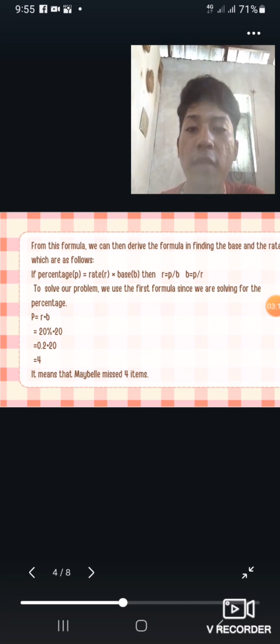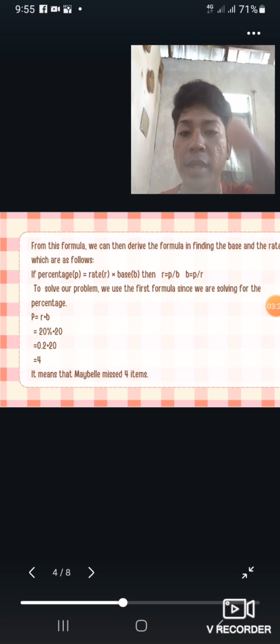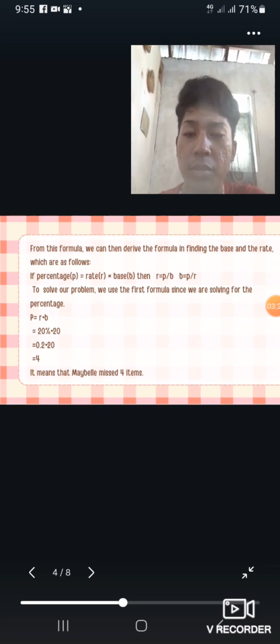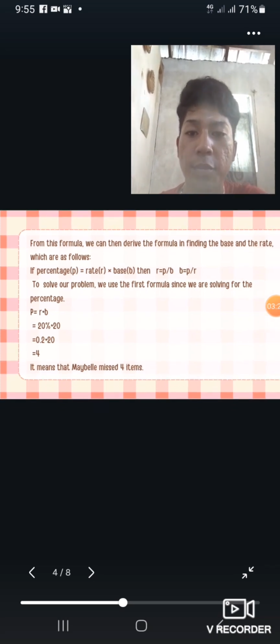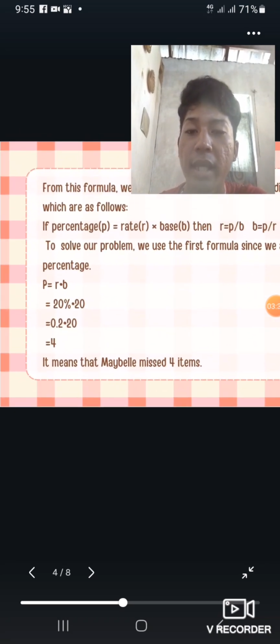So to solve our problem, we use the first formula since we are solving for the percentage. So we are going to translate into the number sentence. So we have P for the percentage equals R times base, or rate times base. So ato siya ipang-translate.